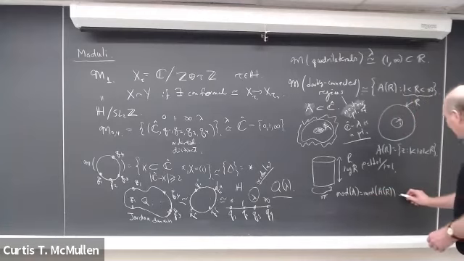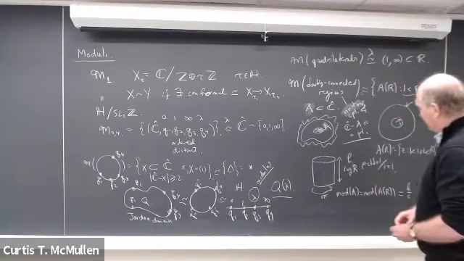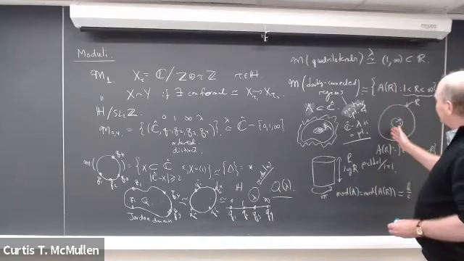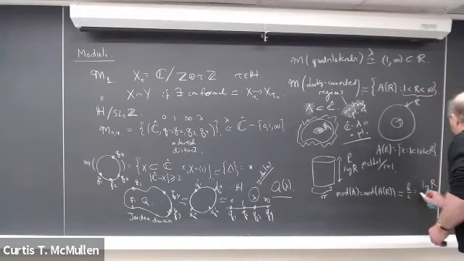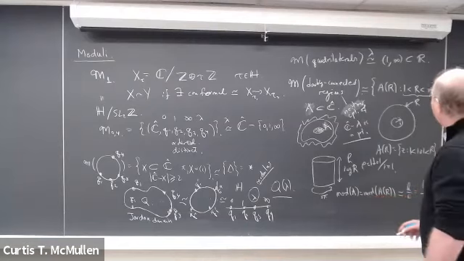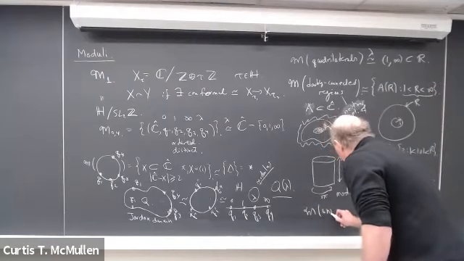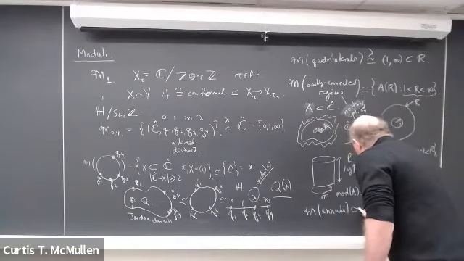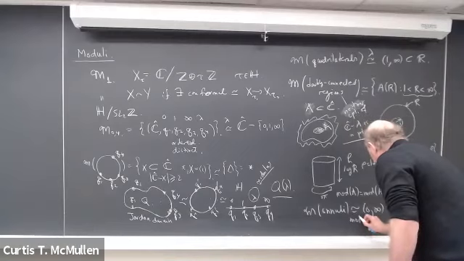We define it to be the height over circumference of the corresponding Euclidean cylinder, that's conformally isomorphic to it, and that's the value log R over 2 pi. So with this as our invariant, we see that the moduli space of annuli is isomorphic to the interval from 0 to infinity by the modulus.